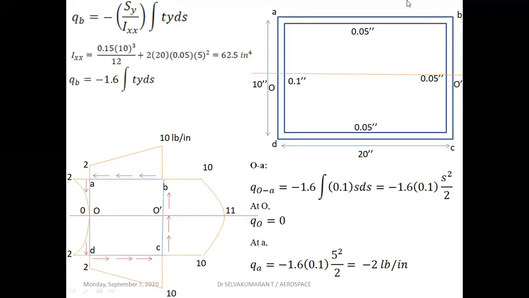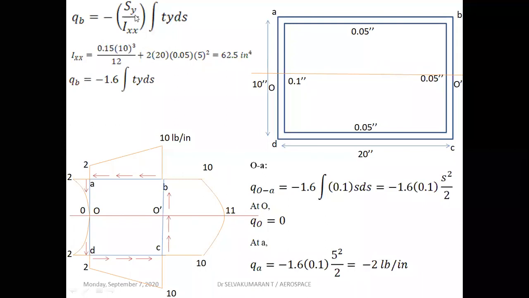So neglecting that term, plus area 20 into 0.05 into distance square, which is 5 square. On either side of the axis we have the same thickness located at the same distance, so I can multiply by 2. After simplification we get 62.5 inch to the power 4, which is Ixx.